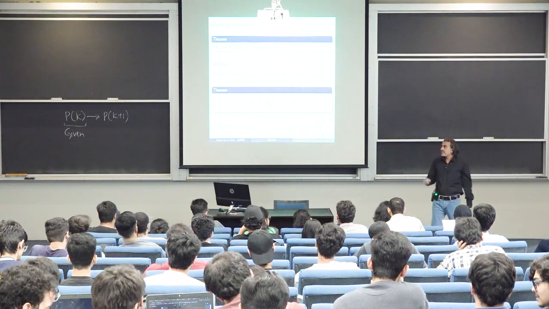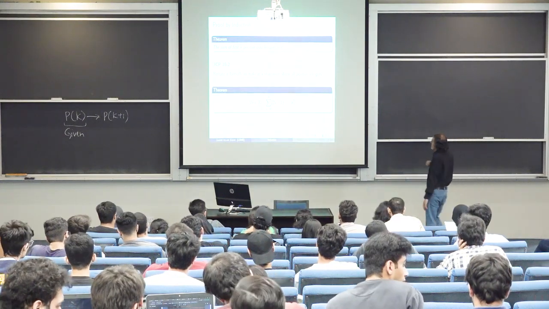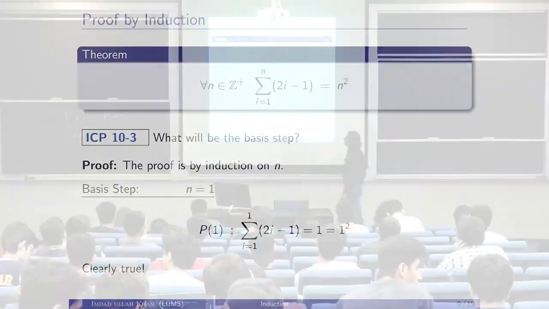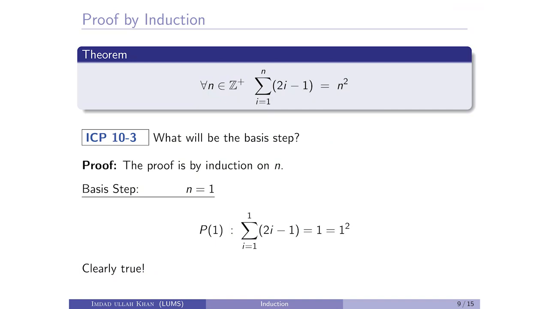Okay, so let's try to apply the same sequence of steps we have just seen. So what will be the first step? We need to establish our inductive basis or base case.